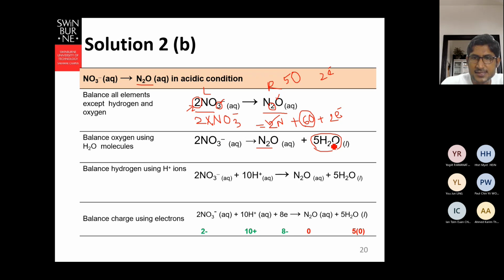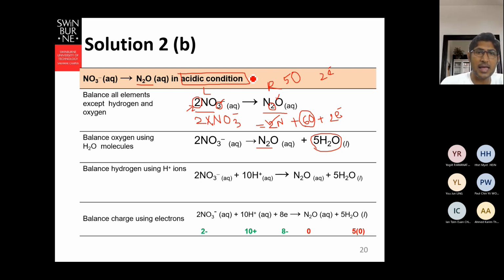Then you can ask, where did you get the 10 hydrogen? 5 times 2, right? 10 hydrogen atoms. Where did you get them? It is in acidic condition, so I do not have to bother with this hydrogen, because remember yesterday you added sulfuric acid to make it an acidic environment.